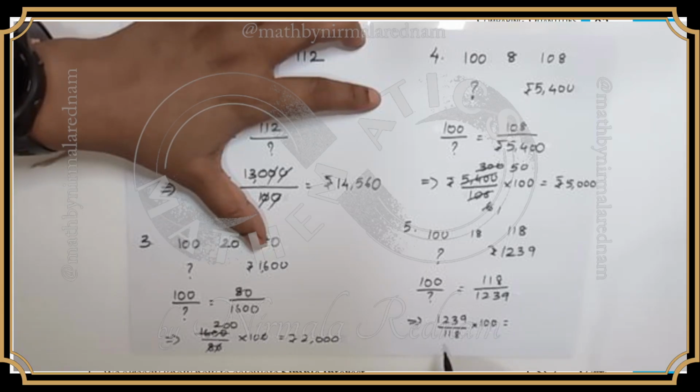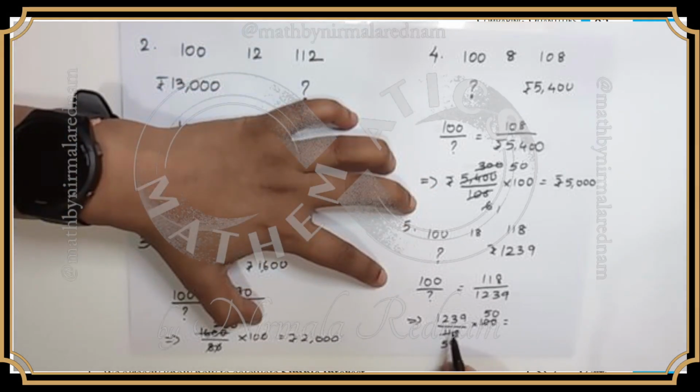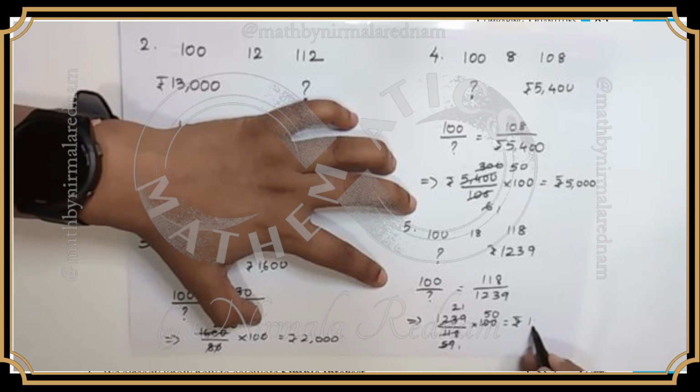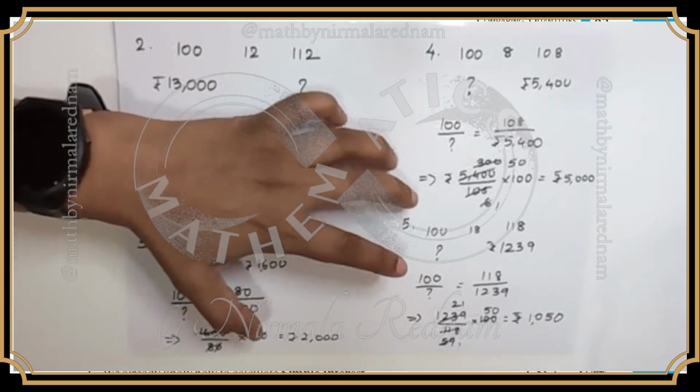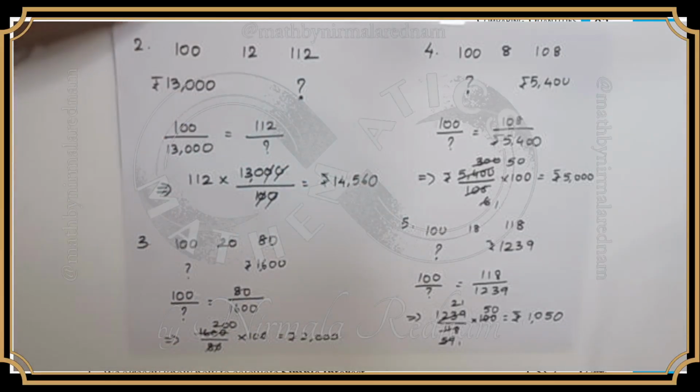So if you look at 118, let us see, I'll just do the 2 table first, and then 59. 59 twos is going to give me 118, and then I'll have 59 here, so that's 21. That means the answer is 1050, right? So this is about our exercise 7.2.